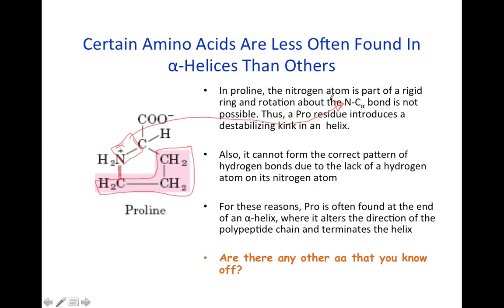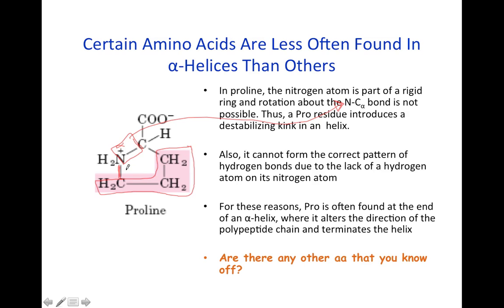Also, it cannot form the correct pattern of hydrogen bonds due to the lack of a hydrogen atom on its nitrogen atom. If this was a normal amino acid, this would have been NH3+. But because this carbon is bonded to nitrogen, one of the bonds will be between nitrogen and carbon and not between a hydrogen. So it's one short of a hydrogen as compared to the other amino acids.